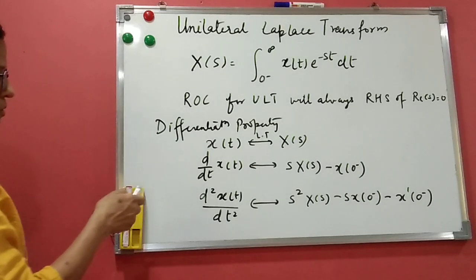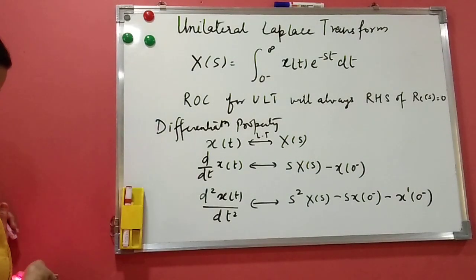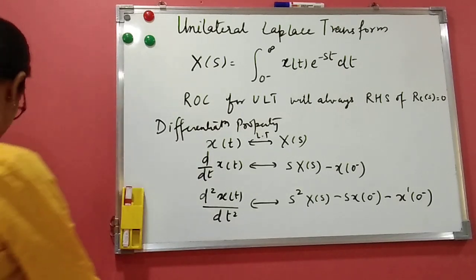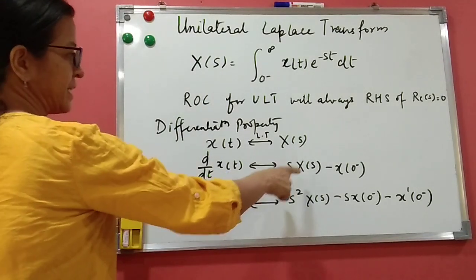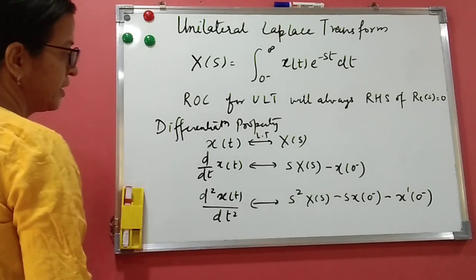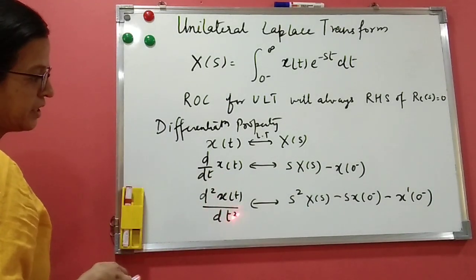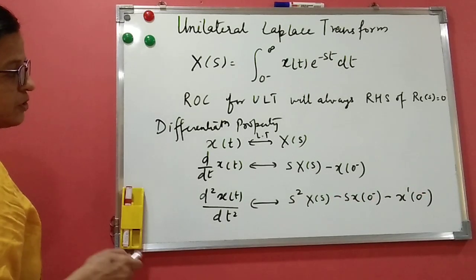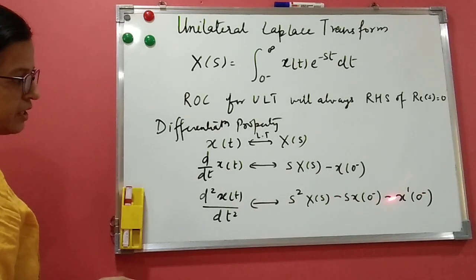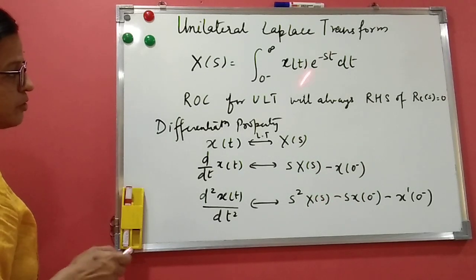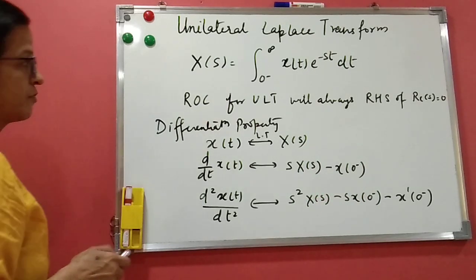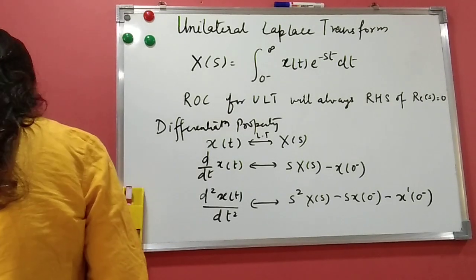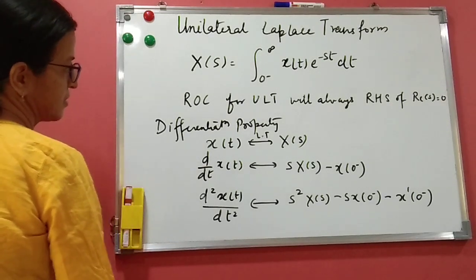The differentiation property you can see: x(t) has Laplace transform X(s), dx by dt is s X(s) minus x(0 minus). d squared x(t) by dt squared will be s squared X(s) minus s x(0 minus) minus x dash (0 minus). So this is the only property which is different from the bilateral Laplace transform. ROC, always remember, is nothing but the right hand side of the s plane. So there is no need to specify the ROC for unilateral Laplace transform.